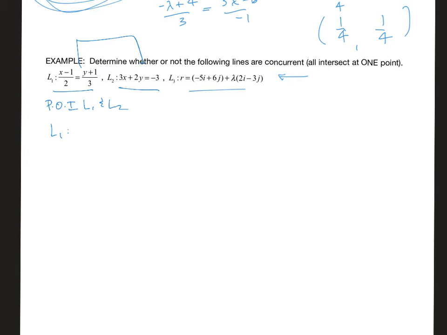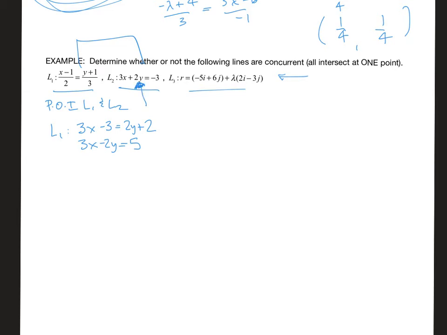is, I'm just going to cross multiply it. 3x minus 3 equal to 2y plus 2, which is, in other words, 3x minus 2y equals 5, which I'm going to substitute in. Actually, I'm looking at it. I see a 2y right here in line 2.